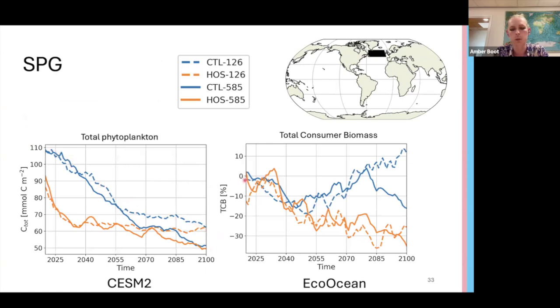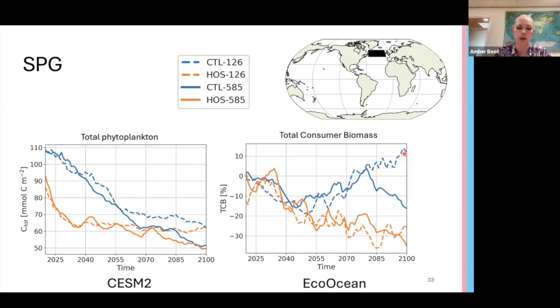And here we see the total consumer biomass in the end increases by around 10%. So even though we get a strong reduction in the lowest trophic levels, we get an overall positive response, more biomass in our ecosystem. So I would argue that, at least in 2100, it's a positive response.